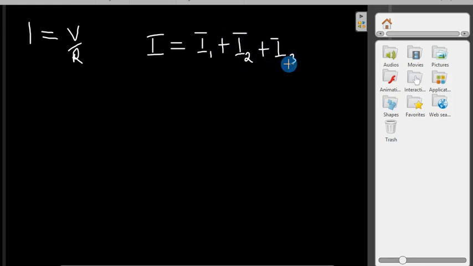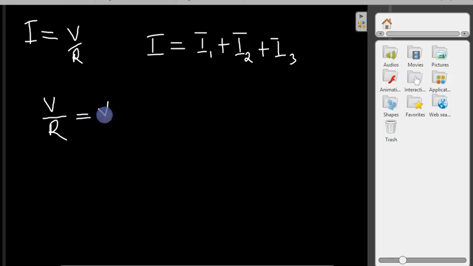But we know that I is given by V over R, so wherever we see I, we put V over R. So for total current, it means total voltage over total resistance of the circuit is equal to, where we see I1, that will be voltage.